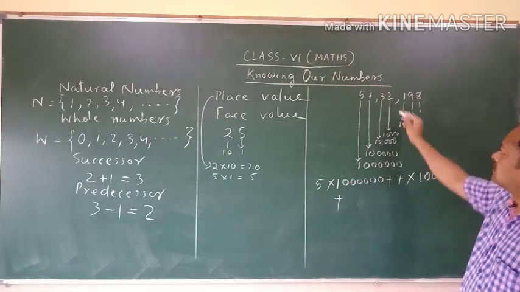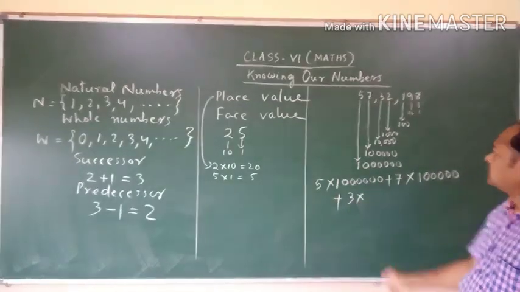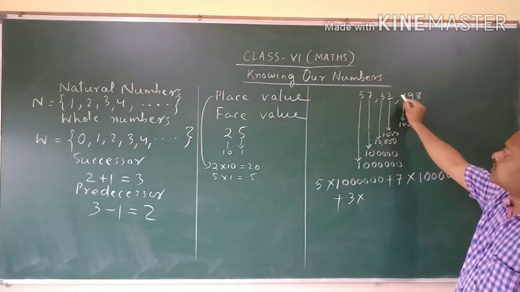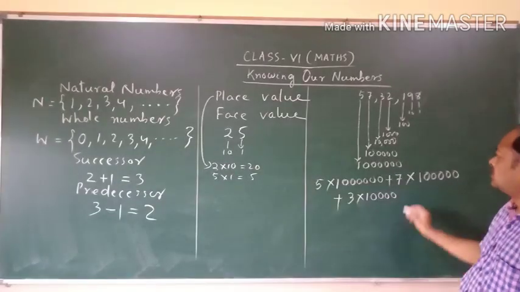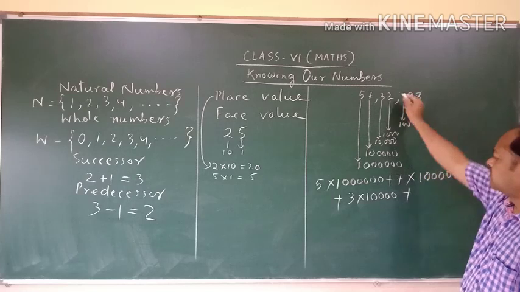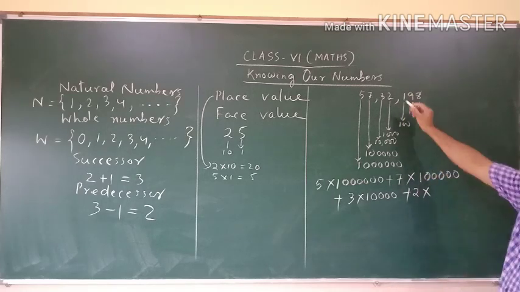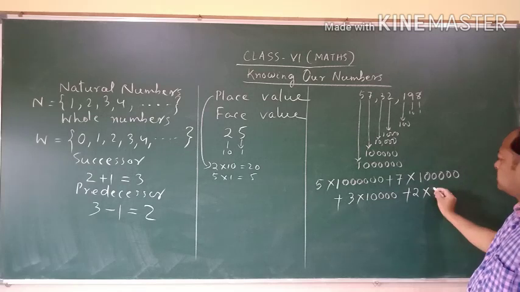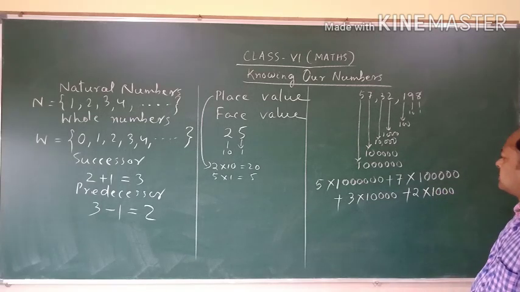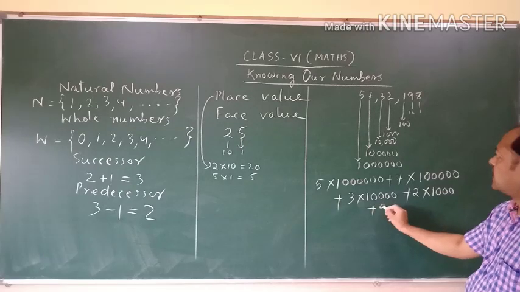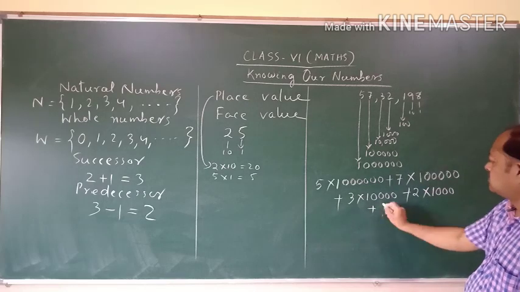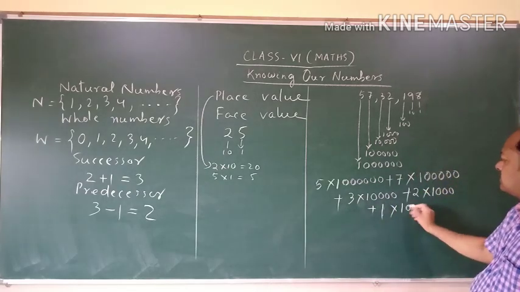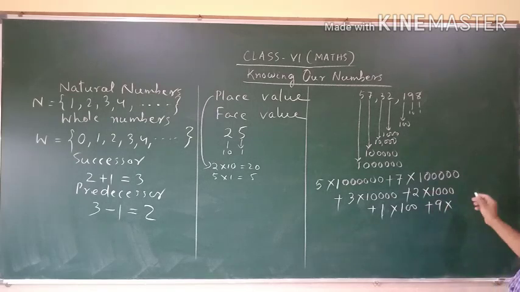Then plus 3 into 1 with 4 zeros, since after 3 there are 4 places. Then 1 into 1 with 3 zeros, then plus 2 into 1 with 2 zeros, plus 9 into 1 with 1 zero, plus 8 into 1.